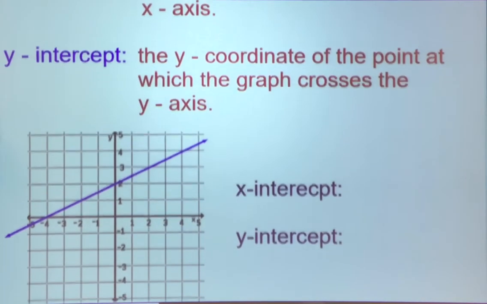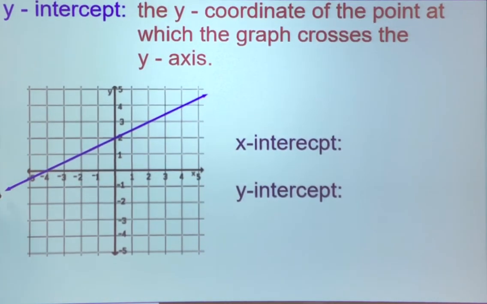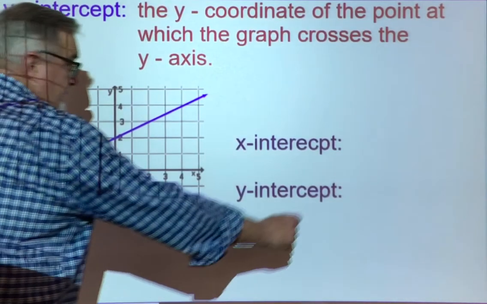So let's take a look at an example here. We've got our graph, our blue line's our graph, and if we look at where it crosses the x-axis, it crosses the x-axis right there. That happens to be the ordered pair -4, 0. So the x-coordinate of that point is going to be our x-intercept.